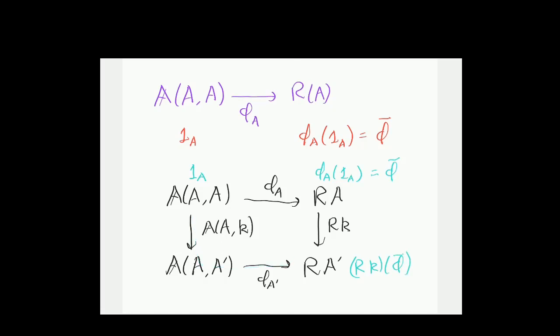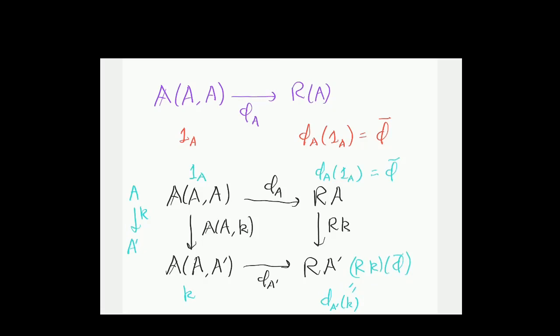Now going this way around the square, here we get K, because we're lifting this arrow K from A to A dash under these different functors, the Hom functor and R. And then what we have is that this should be equal to phi of A dash of K. And so what this is telling us in general is that for any arrow K from A to A dash, we should have that phi of A dash of K is equal to this.